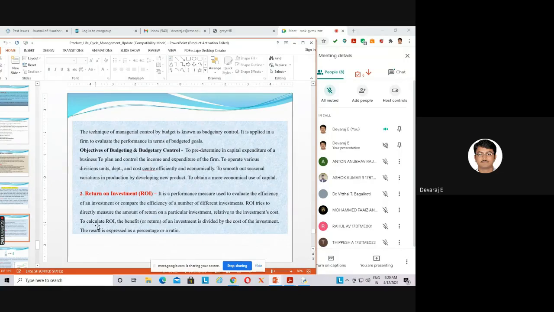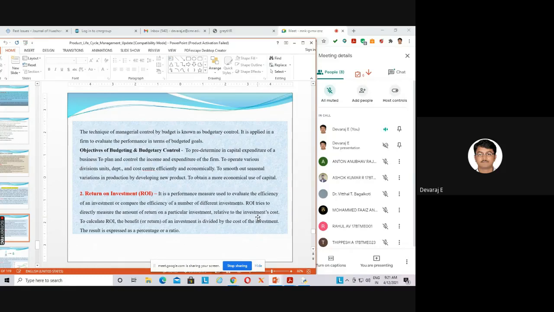To calculate ROI, the benefits, or you can say the return, is divided by the cost of investment. So how much you get back divided by how much cost you invested. If you do this, you will get the return of investment.